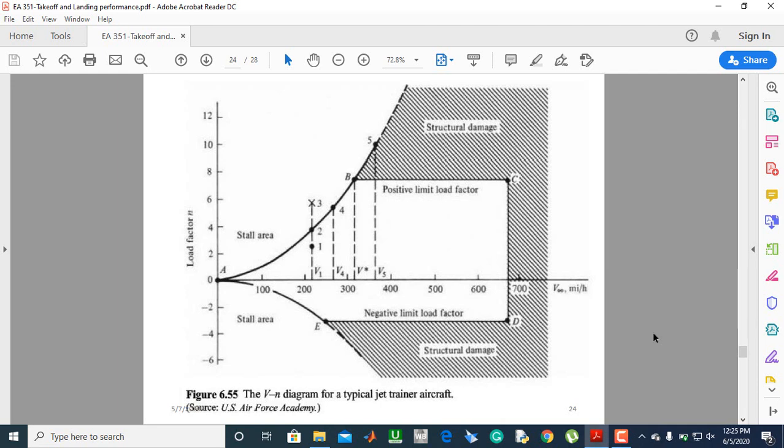Just as I explained on the line AB, where you've got the stall area, even when the aircraft is flying with negative load factor, there's also a stall region, which is given by the area under this curve AE.